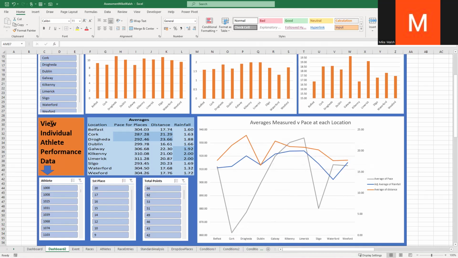Here's an individual view, presenting a little of the same information as on the main dashboard, but here we can search on one individual athlete who got 4 firsts and 15 total points, and how that person did. That's just a different way of presenting the data. And that's it really. I'll upload this now, and thanks.